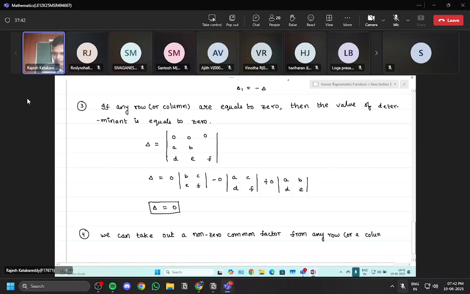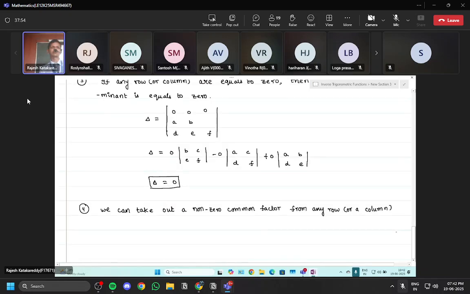See, in the case of matrices, if you want to take any common factor out, you have to take that factor out from each and every element. In determinants, it is not necessary. If there is a common factor in row 1 or in row 2 or in row 3, you can take that out.